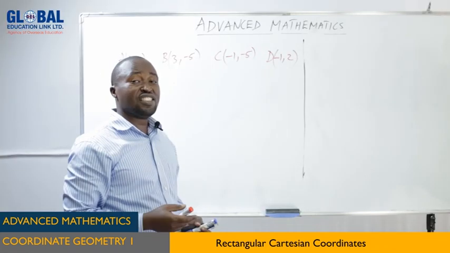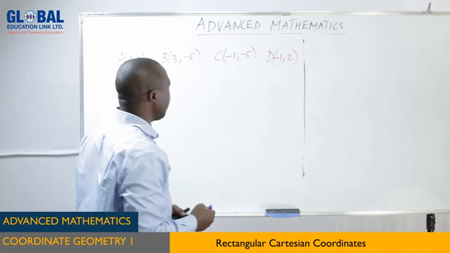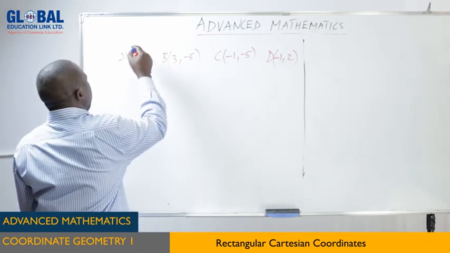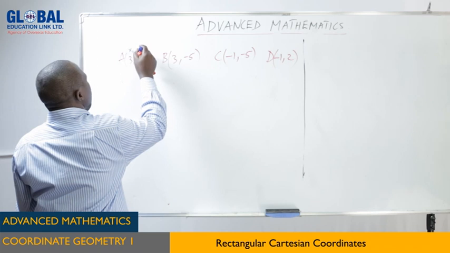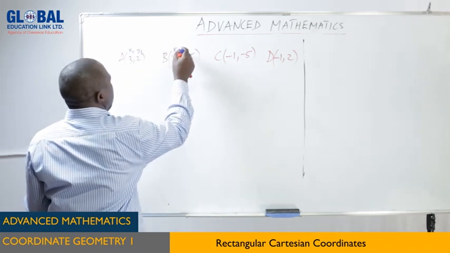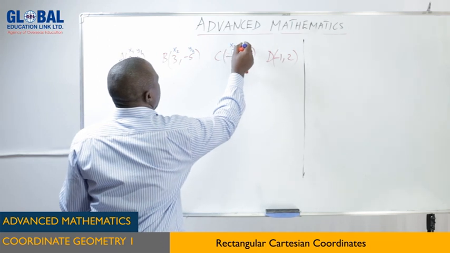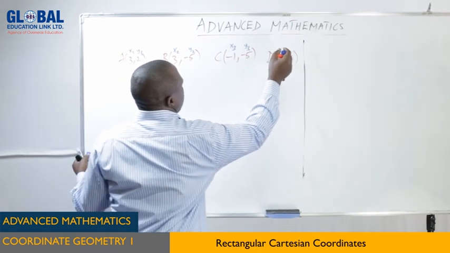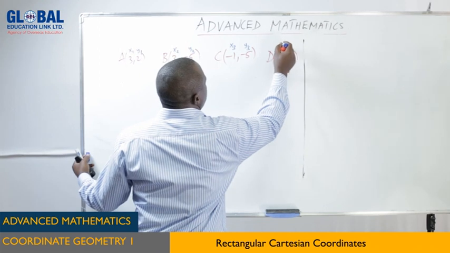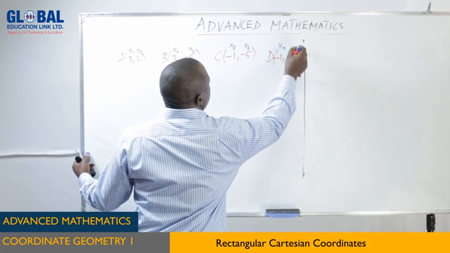Of course you can label these coordinates to avoid confusion. So here we have x1, y1, x2, y2, x3, y3, and x4, y4.